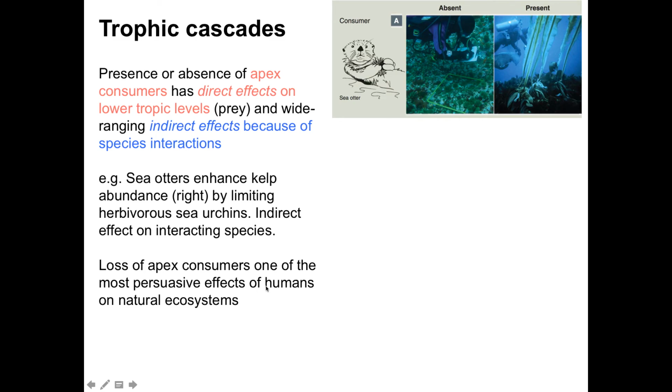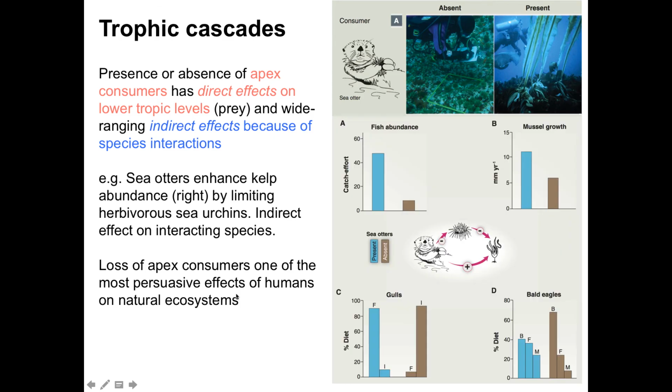And the loss of these apex consumers has pervasive effects on natural ecosystems. So it's been found that where sea otters are more abundant, there's less sea urchins and more kelp, like I said, so sea otters have a positive benefit on kelp. But this has even further, more wide-reaching effects. So where sea otters are present, there is greater level of fish abundance. And because of the increased amount of fish, there's more fish in the diet of gulls.